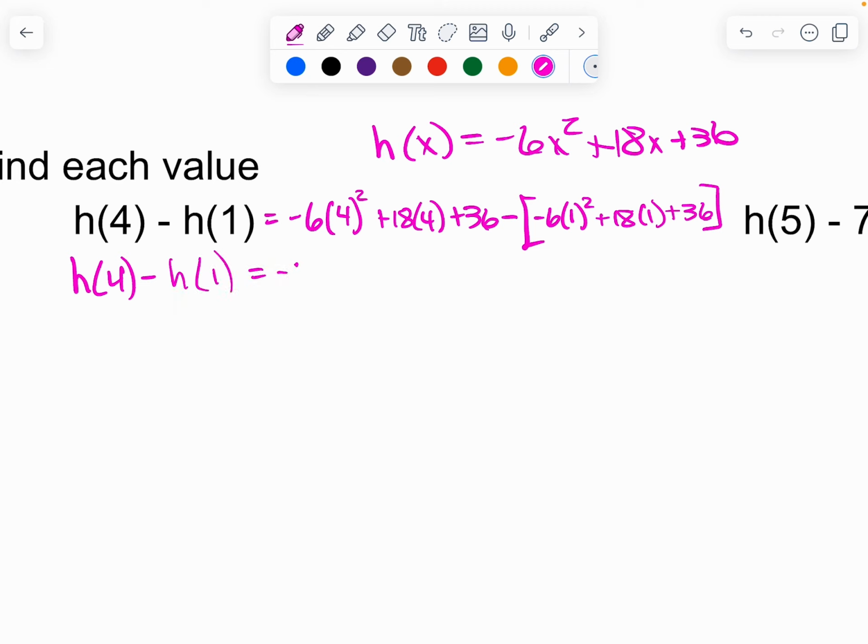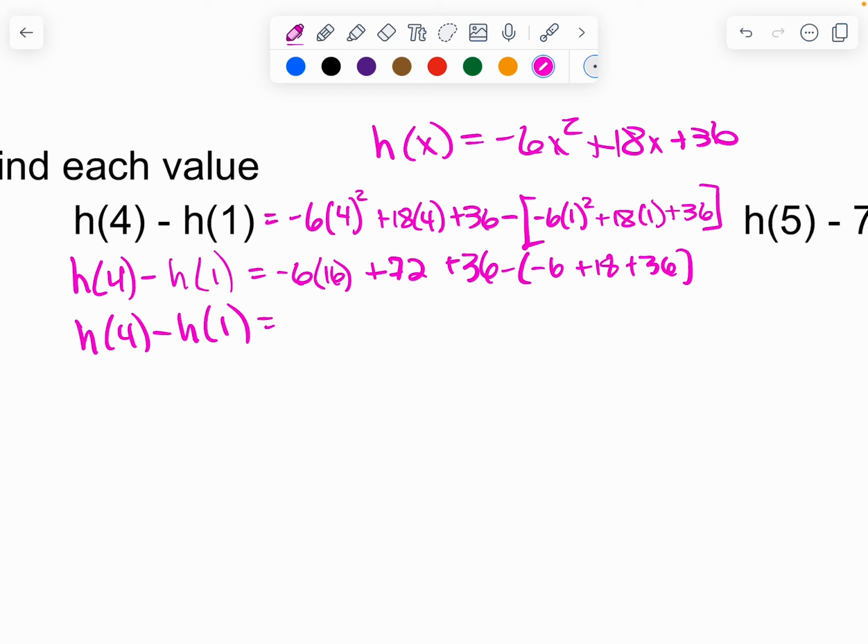So this is going to get me negative 6 times 16 plus, why do I do these numbers that I can't do in my head? 18 times 4, 72, oh, I should have known that. It's okay, minus the quantity, negative 6 plus 18 plus 36. So h of 4 minus h of 1 equals negative 6 times 16, negative 96 plus 72 plus 36 minus the quantity.